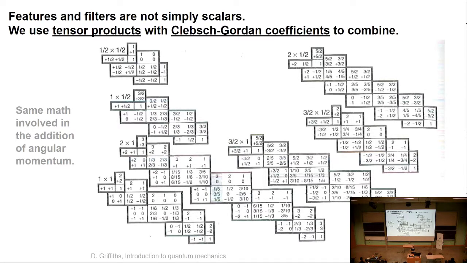Because we're dealing with geometric tensors, a tensor product can be simplified using the Clebsch-Gordan coefficients. For those of you who have experienced the joys of Clebsch-Gordan coefficients, it is the same math involved in the addition of angular momentum. If you have used chapter 4 of Griffiths, this shows up there. But let me more intuitively explain what is going on with the tensor product and these Clebsch-Gordan coefficients.